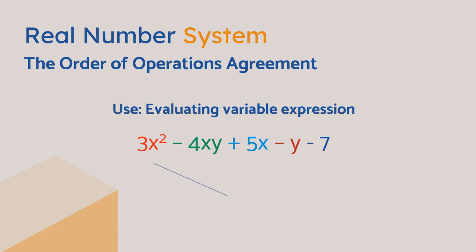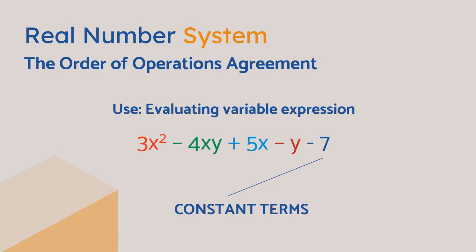And of the terms here, we have 3x squared with a number and a letter, a variable, in it. We have negative 4xy, positive 5x, negative y. They have a variable combined with a number. We call them the variable terms. How about the negative 7, the remaining term? What do you call that? The negative 7 is called the constant term.